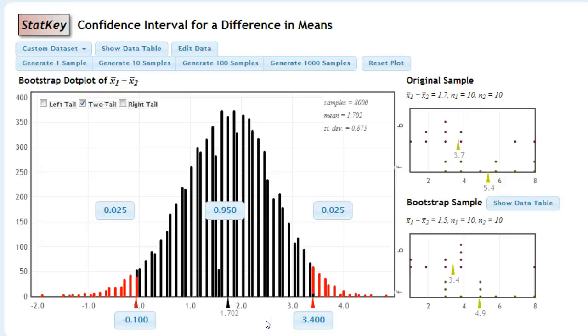What does that tell us? It tells us that one group does roughly 1.7 better. We can predict somewhere between about 0 and 3 better using your forehand than using your backhand.